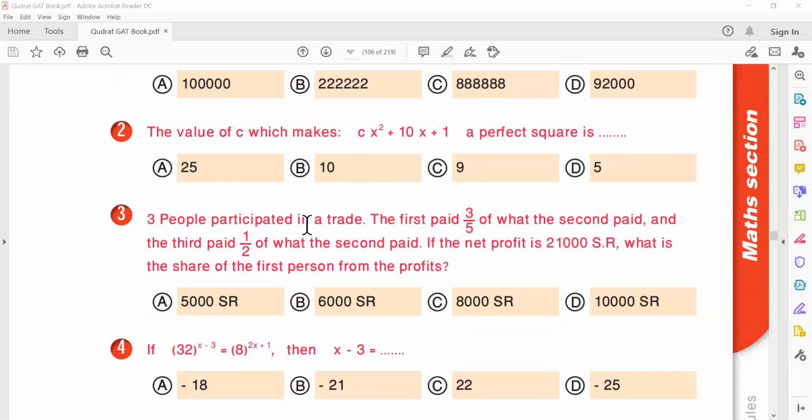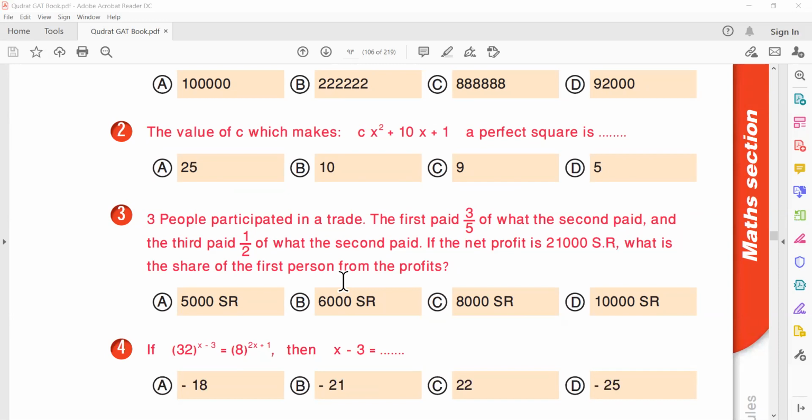Number 3 now. 3 people participated in a trade. The first paid 3/5 of what the second paid, and the third paid half of what the second paid.